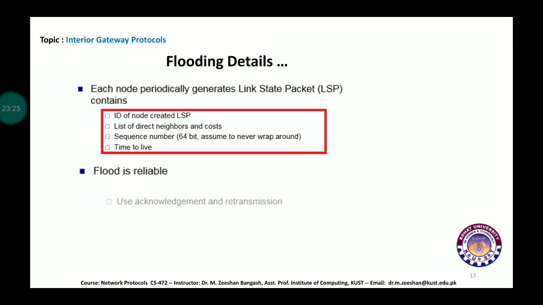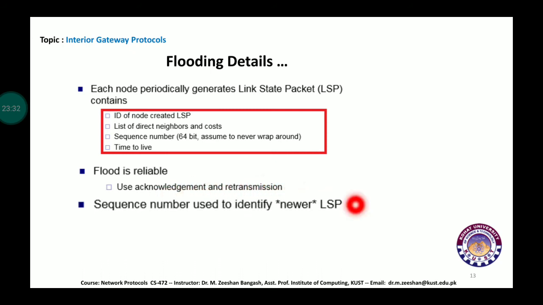Now, flooding is reliable. It basically uses acknowledgement and retransmission mechanisms, and this is why we use the sequence number. It is used to identify the new link state packets, so that the older LSP may be killed.